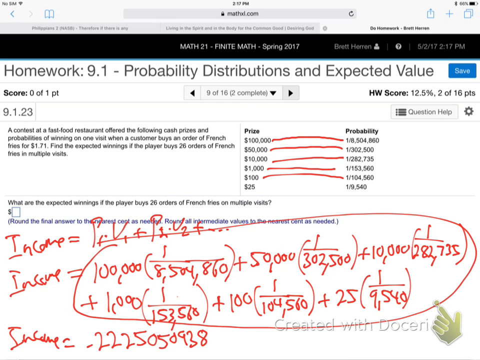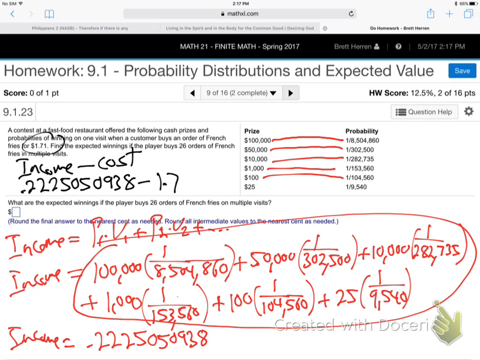22 cents, basically, right? Don't round it yet, though. Careful. Never round till the end. I'm going to leave all those digits till the end. Now, what's the cost of the fries? $1.71. So always take income minus the cost, right? So that's 0.2225050938 minus the $1.71 cost.